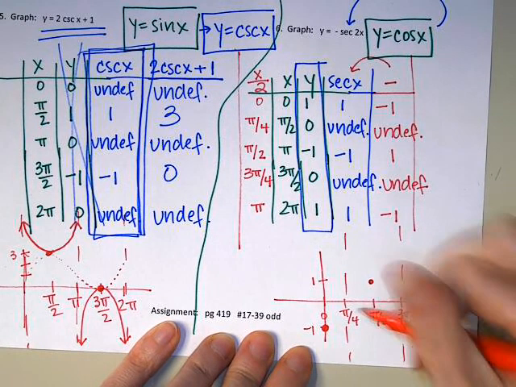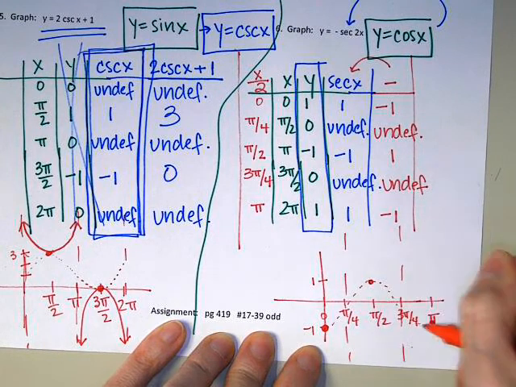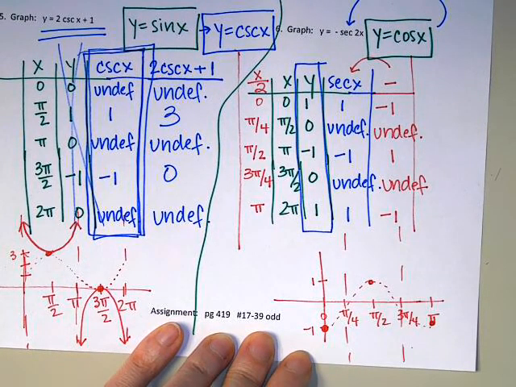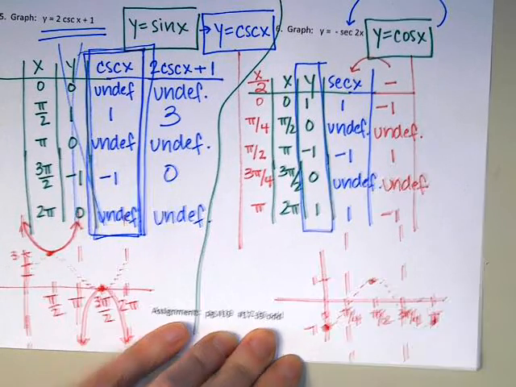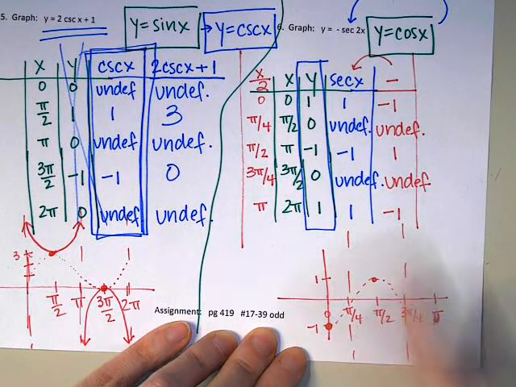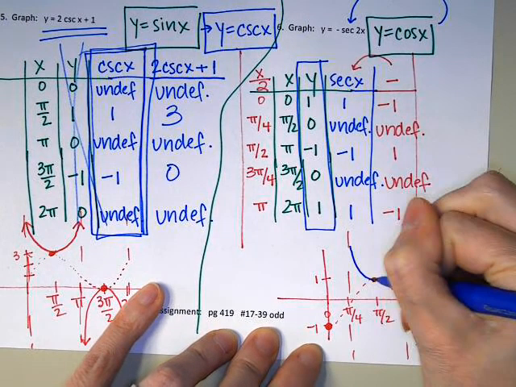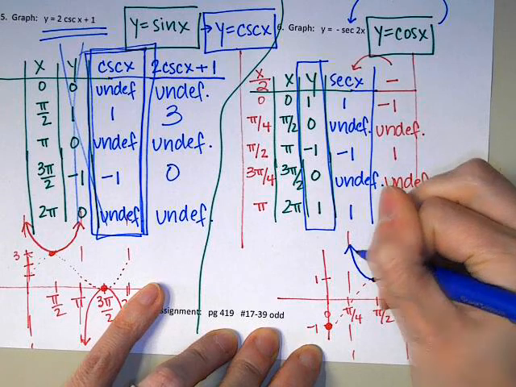Now again, I hope you guys can see the negative cosine curve there. But since we're doing the reciprocal, the zeros became asymptotes. Any hills, remember, become valleys.